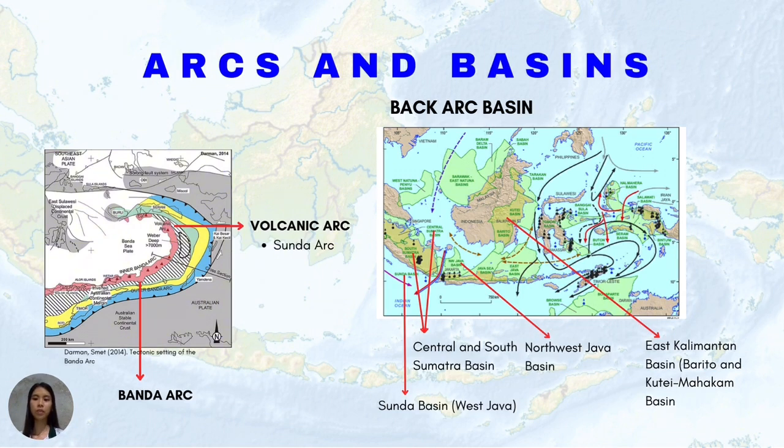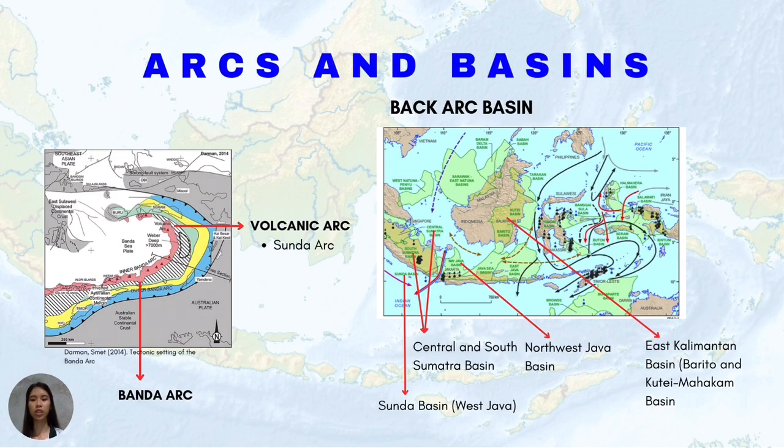Next, Indonesia's basins are mostly Tertiary in age and form from different tectonic settings, and we have back arc basins. Back arc basins form behind volcanic arcs due to slab rollback or extension. It is also productive for hydrocarbons.